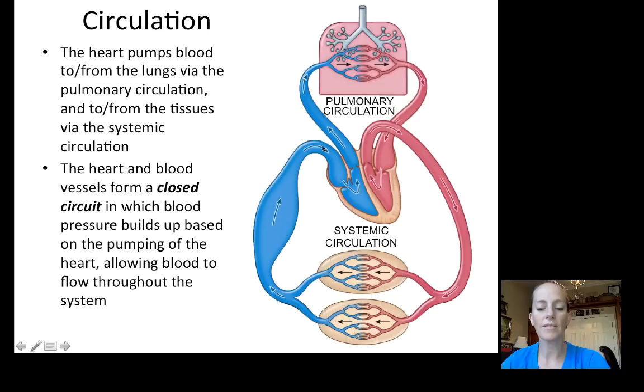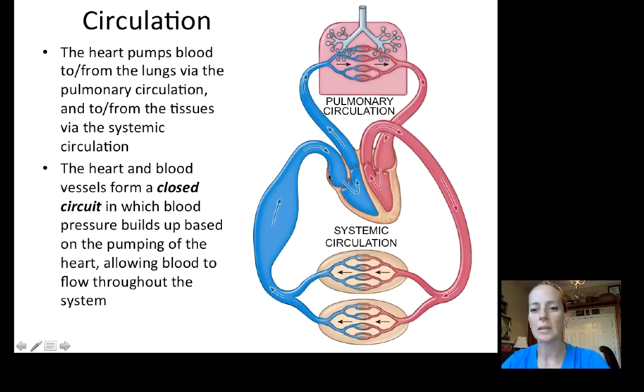So we learned in the previous lecture how the heart pumps blood through the contraction of the ventricles. It's going to pump blood either out the pulmonary trunk to the lungs or out the aorta to the body. So as the heart is pumping, it's establishing and increasing blood pressure to get that flow through the blood vessels.